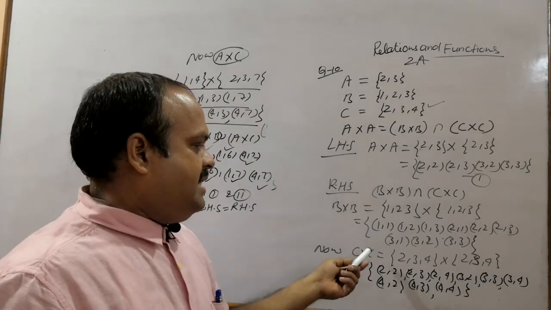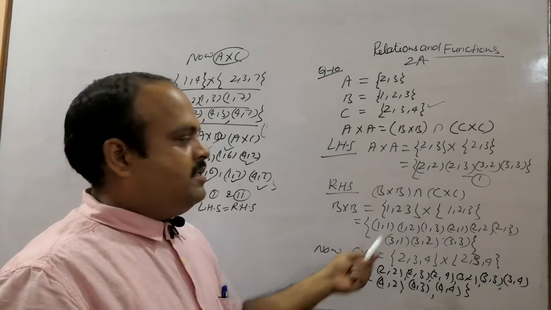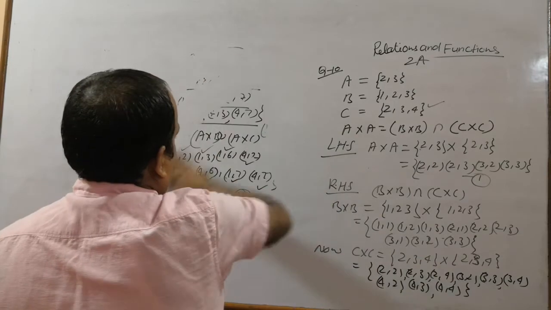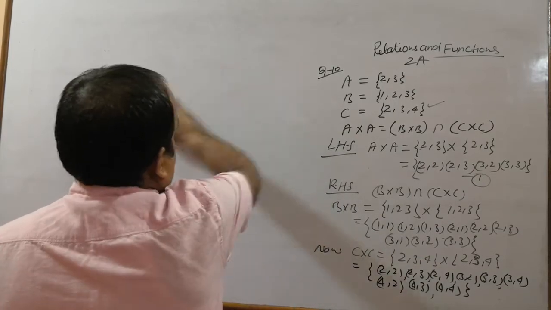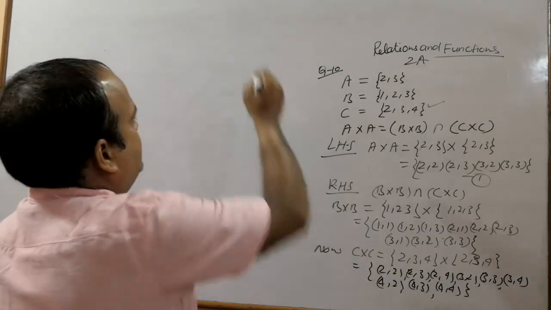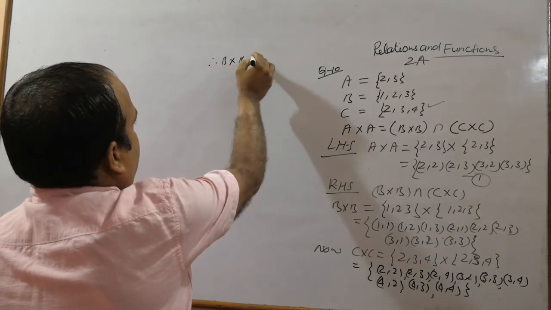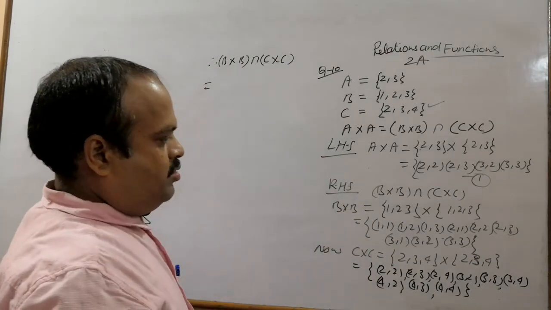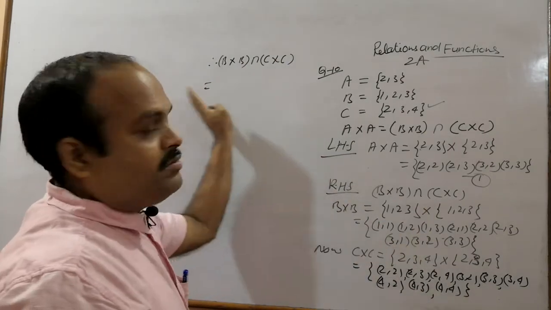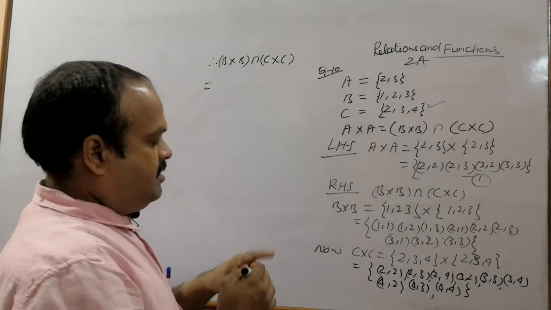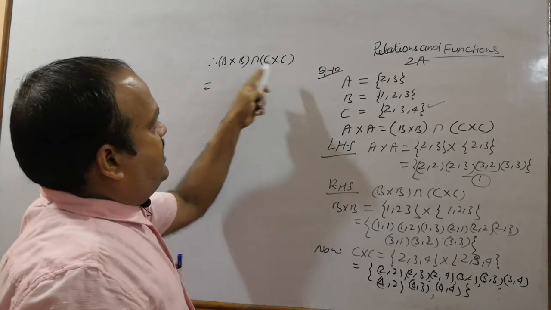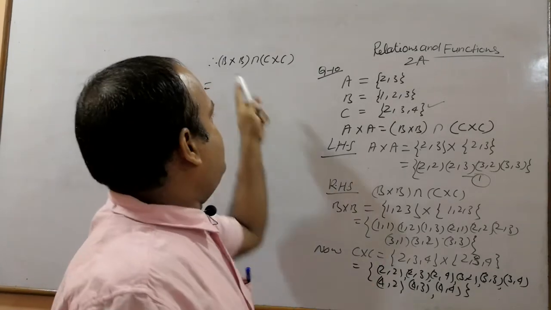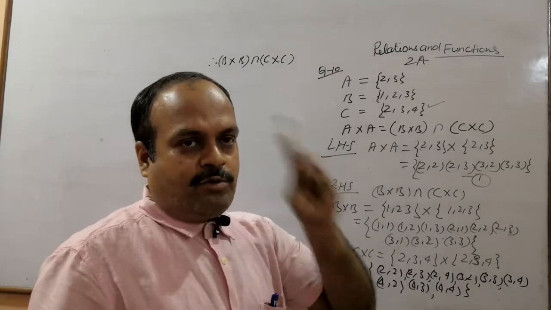So for B cross B and C cross C, we have to get the intersection between them. B cross B I don't write again because it will be so lengthy. Intersection means the common elements of these two Cartesian products.